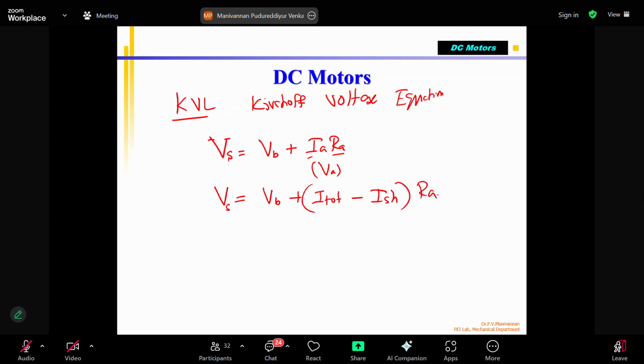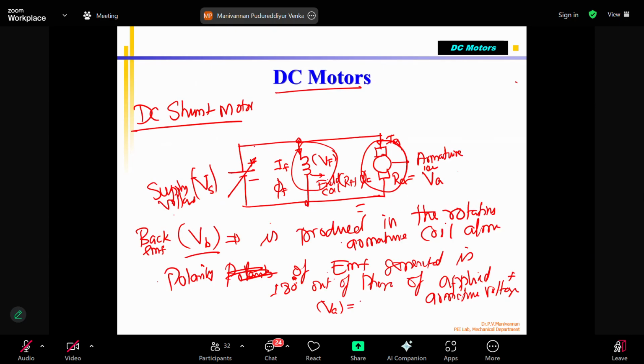You may wonder, sir, why you are writing I total. Let me go back here. This current is called I total. The battery supplies VS, and because of that, current is produced. This current supplied by the battery is divided into two parts. One is called I shunt, the shunt current, and the remaining goes to IA.